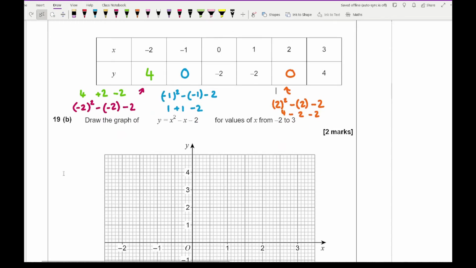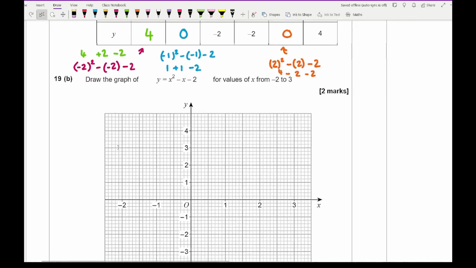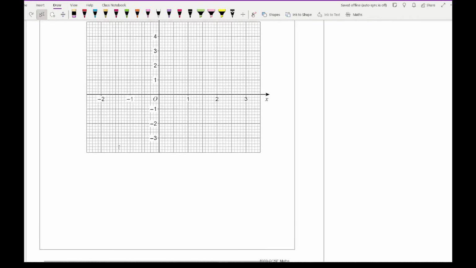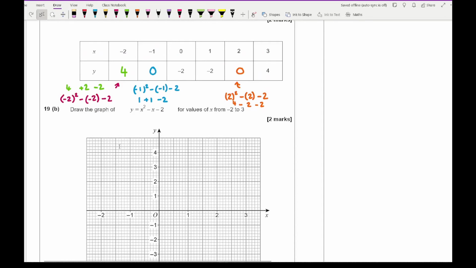Then for part B, it says draw the graph of y equals x squared minus x minus 2. If I zoom out a little bit, I can see the table of values and the grid that I've got. So here we've got minus 2, 4, which is here, minus 1, 0, which is there, 0 is at minus 2, 1 is at minus 2, and 2 is at 0, and 3 is at 4.